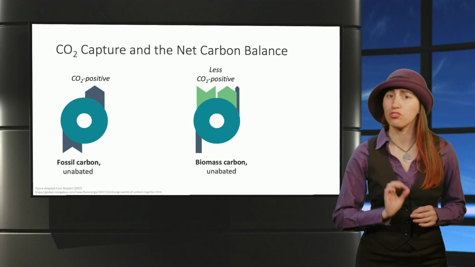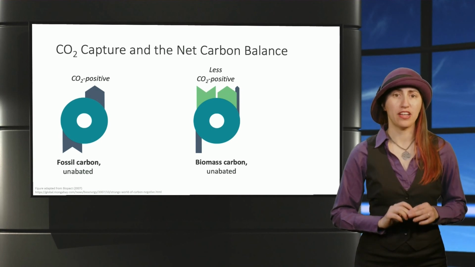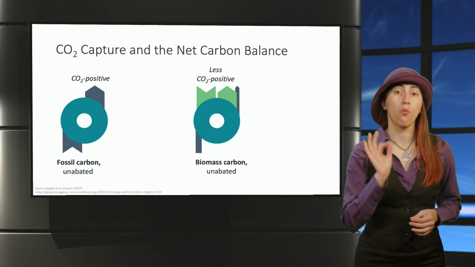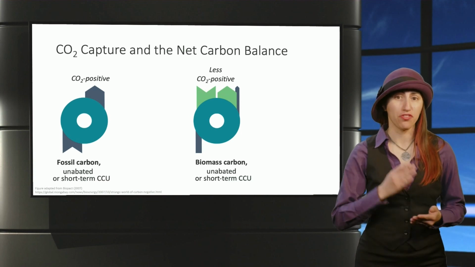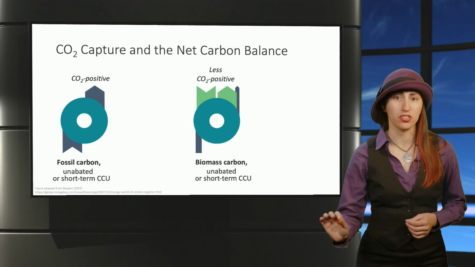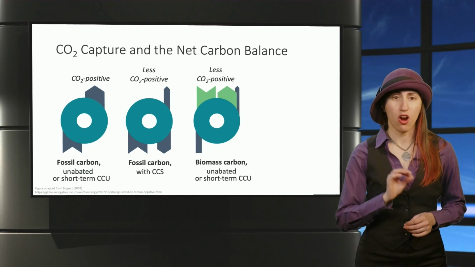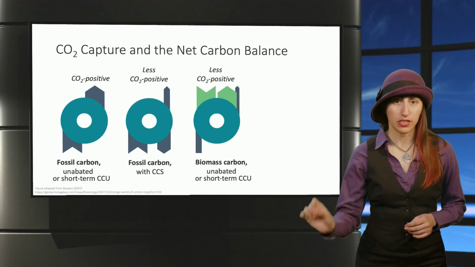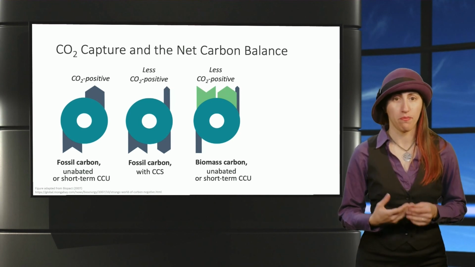The effect that carbon capture has on the carbon balance depends on where the carbon dioxide ends up. If the carbon dioxide is reused and re-released, then our system is still carbon positive. If the carbon dioxide is fossil-based and that carbon dioxide is stored permanently, the system can be less or even minimally carbon positive.